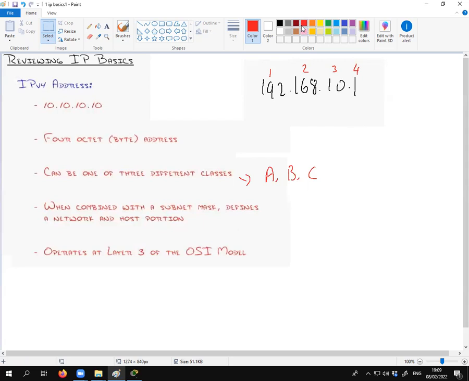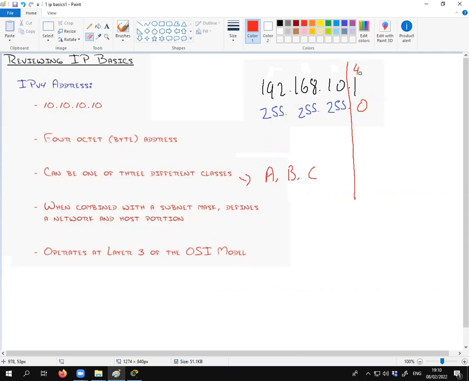So the rule is, for now, and this will change as we get more into subnetting: when you look at a subnet mask, 255 represents the network, and 0 represents the host. So 255.255.255.0. You can draw a red line here, dividing the network part of the address from the host.